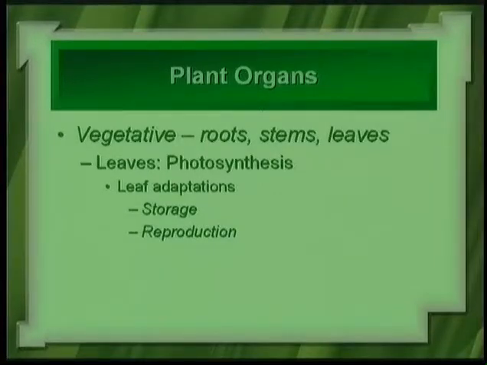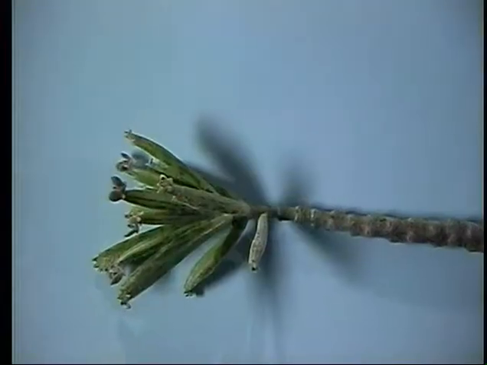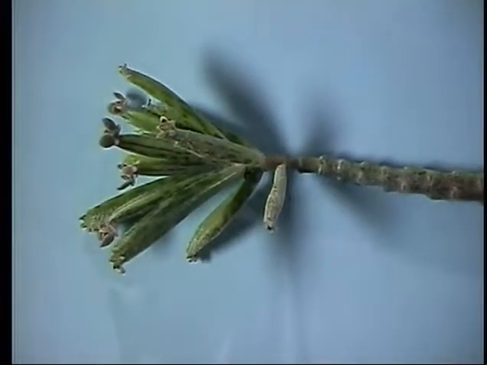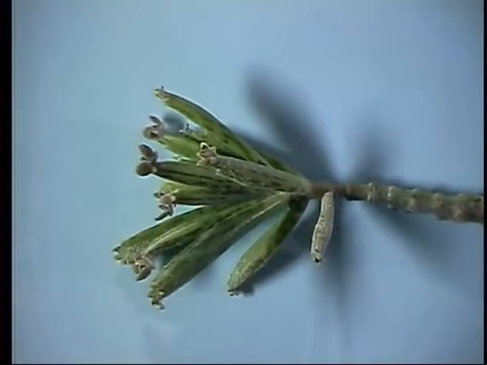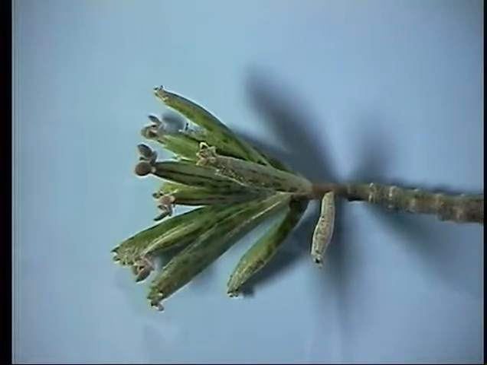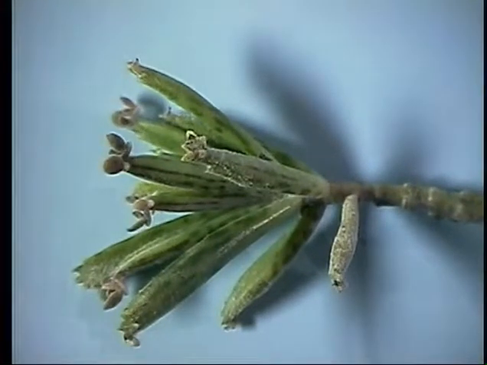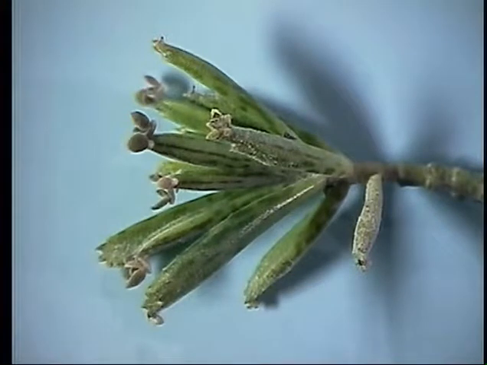Okay, another kind of leaf adaptation. Amazingly, you might recall that in roots and stems we have reproductive parts. And here we're looking at a little piece of a plant called bryophyllum, also known as mother of thousands, amazingly. If you look at the tips of these leaves, these are succulent leaves, other leaves that store water or substances like that. They're very thick.